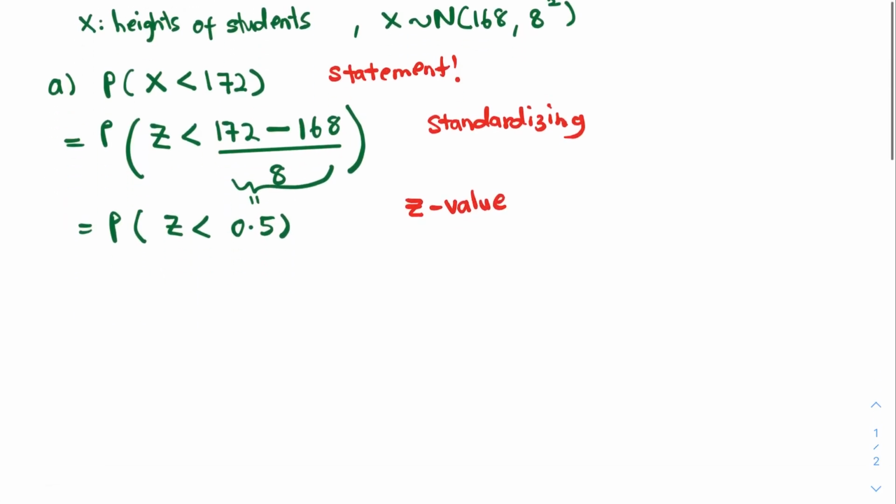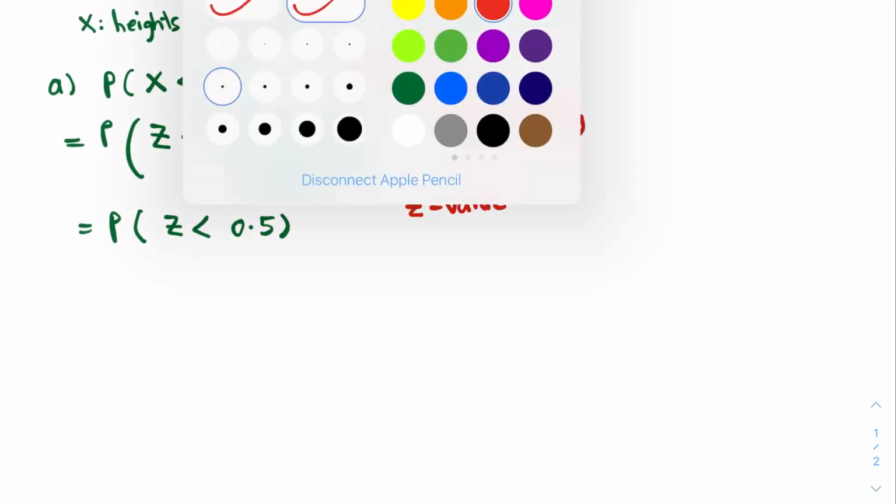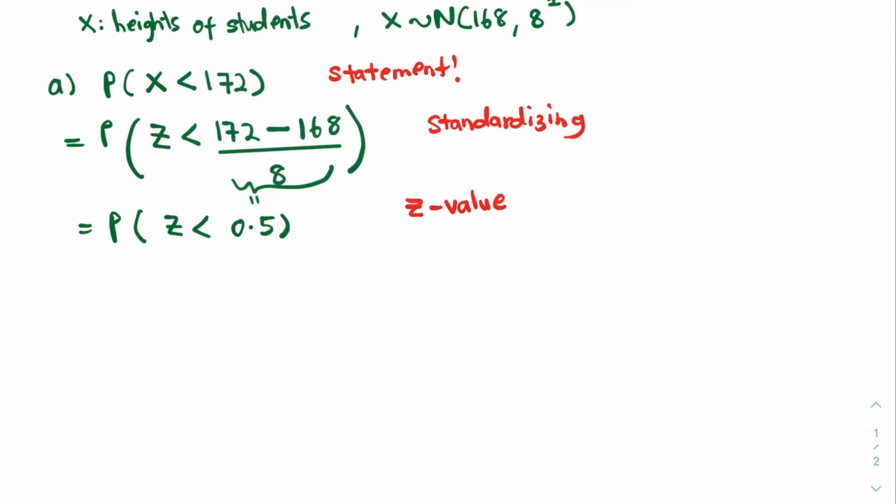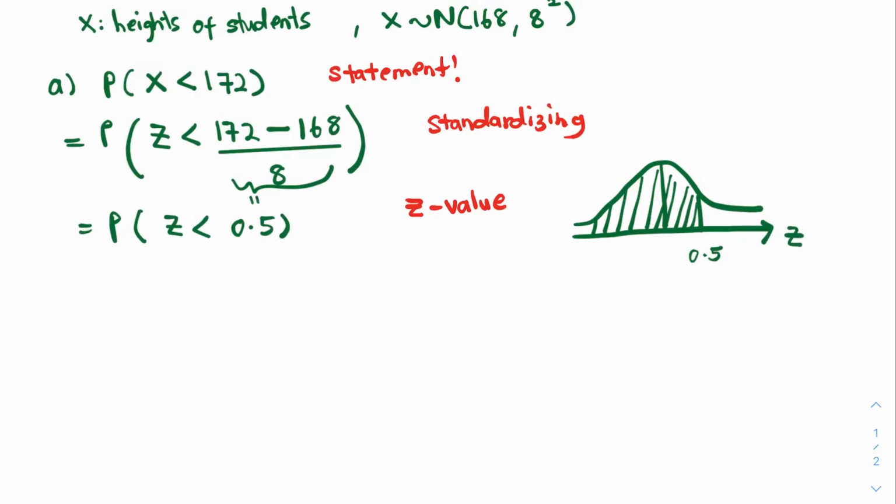Okay, and then find the area. So for the area, it is better that you sketch this curve so that you can imagine. So this is 0.5. Less than means to your left. Now again, your Z value is 0.5, not your probability.